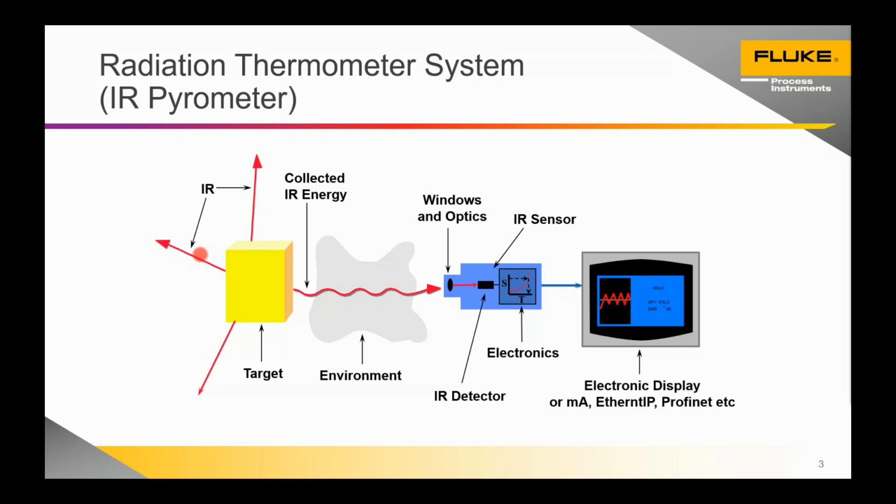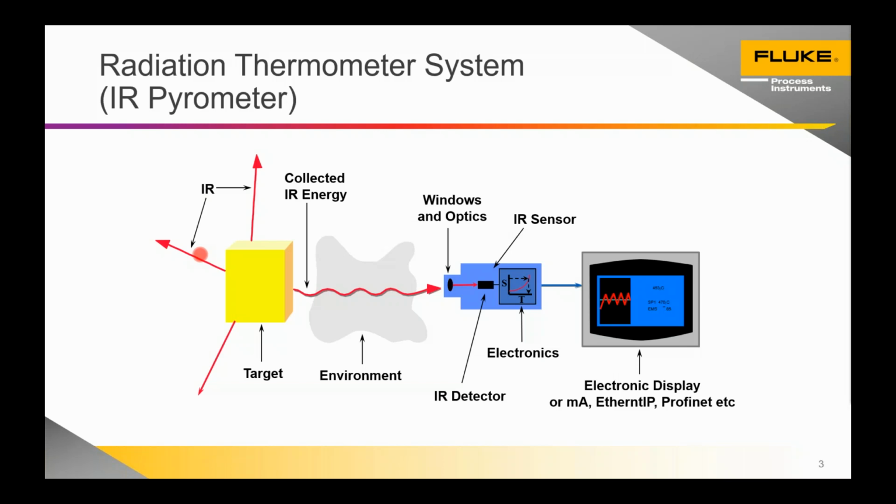Then we have a bunch of gain and linearization electronics. Some devices have a display on the sensors themselves. Others don't have any kind of display, but they all give an output to either a secondary display or a control system. Typically milliamps, millivolts, thermocouple used to be the most common.